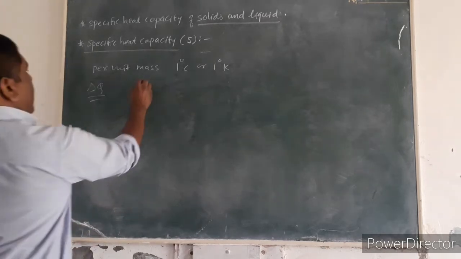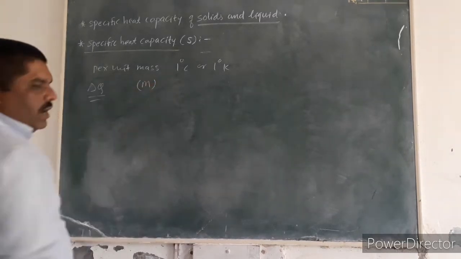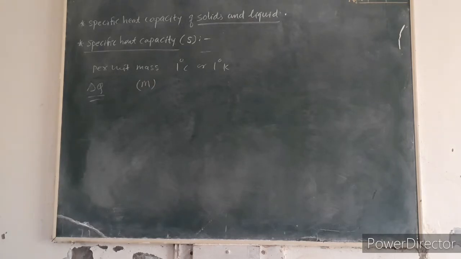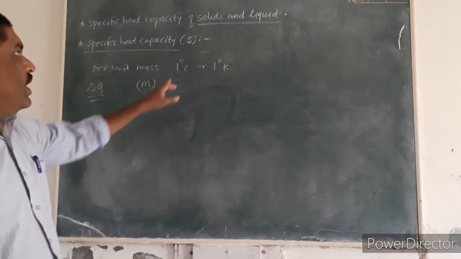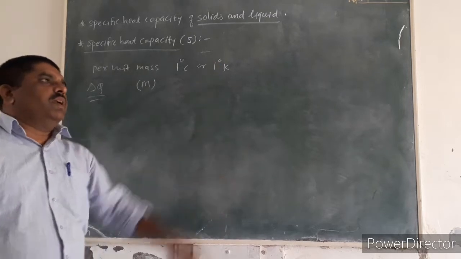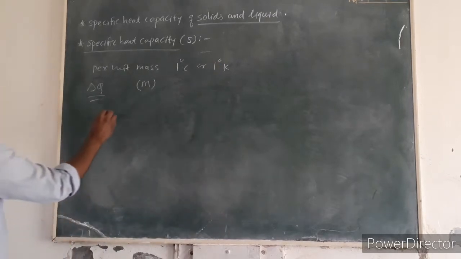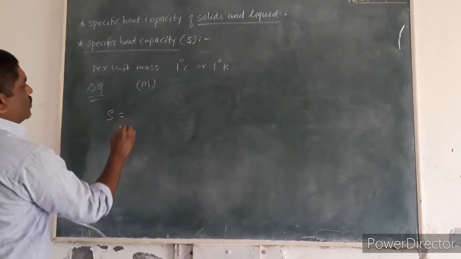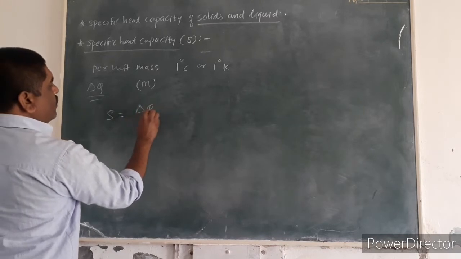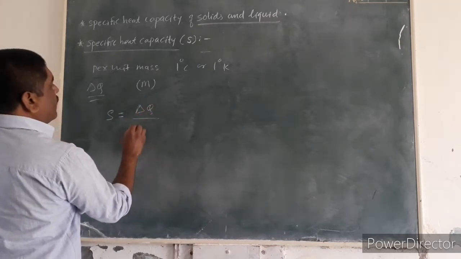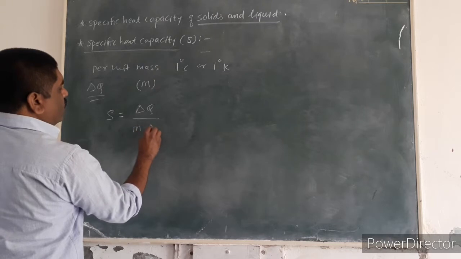Suppose this mass is m, per unit mass absorbed or given out by the substance to change the temperature by 1 degree Celsius or 1 degree Kelvin. Therefore, S is equal to delta Q divided by m into delta T.